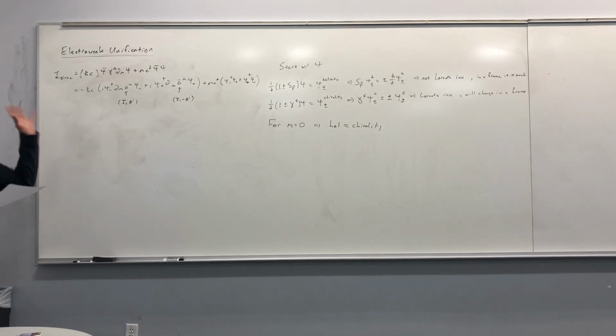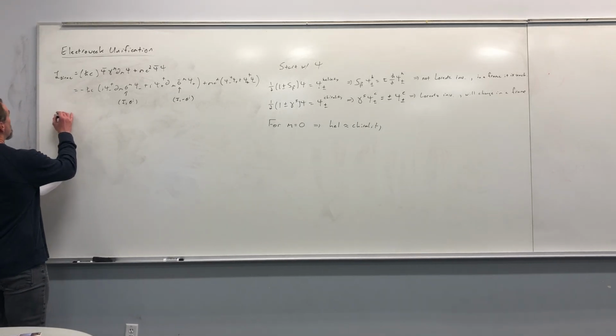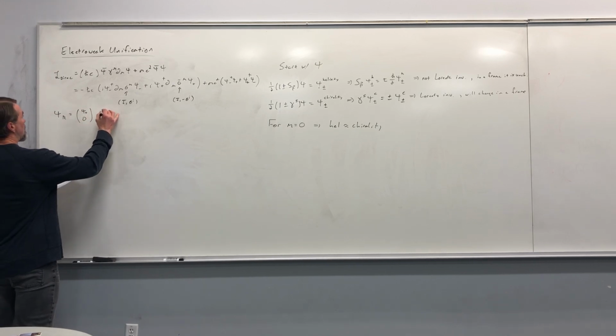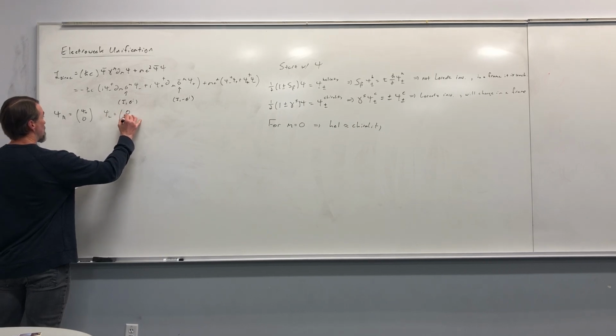What we'd like to do is go back to 4 component objects. To do that, we can define a right-handed state as psi plus, 0, and the left-handed state as 0, psi minus.